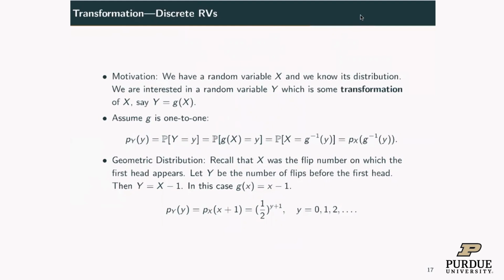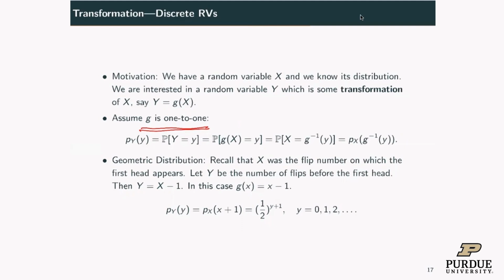The y is g(x). For example, if g is 1 to 1, this is very easy. I need to calculate the distribution of y. For the discrete case, I need to know the PMF for this y. Now let's calculate the PMF. You give me a little y, I calculate the probability Y equals little y.